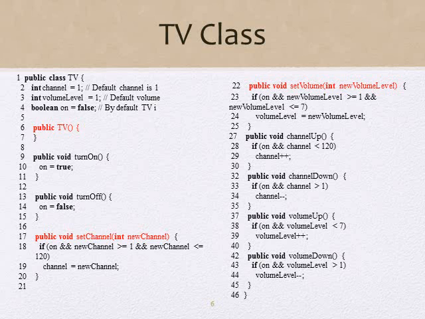Now, note that in this simple class, for example purposes, it has no getters. That's because the properties, channel, volume level, and on, are public. This is really considered bad programming, since the calling program can access them directly rather than through a method.